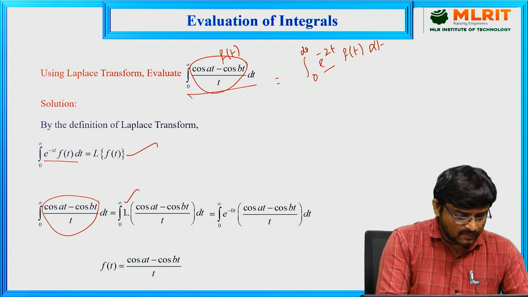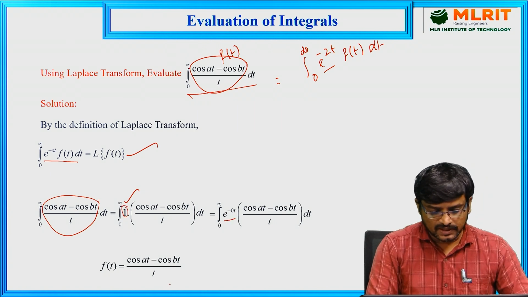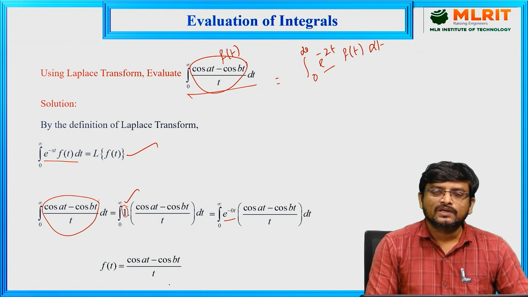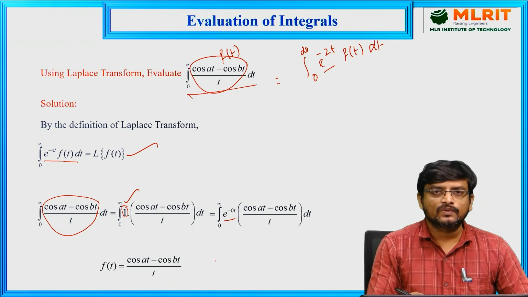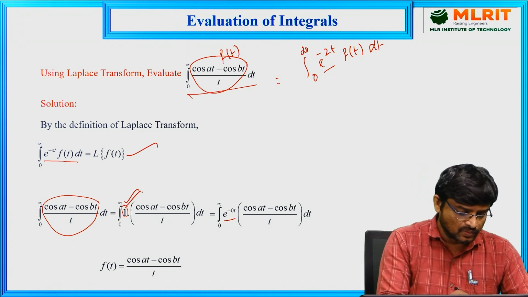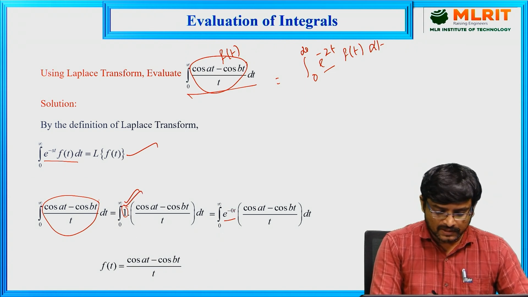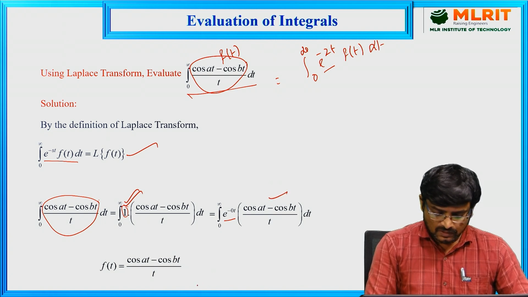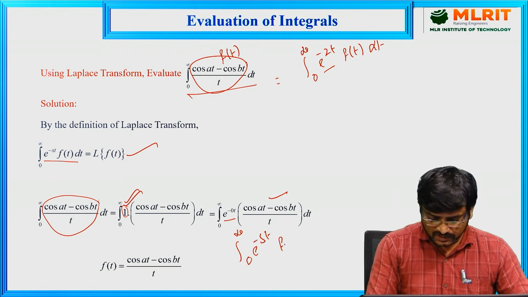So now I want to convert that 1 in the form of an exponential function, that is e power 0 into t. 0 into anything is equal to 0. E power minus 0 or e power 0, that value we can consider as 1. So integral 0 to infinity e power minus 0 into t and this function. So now you compare this with the integral 0 to infinity e power minus st into f of t dt.